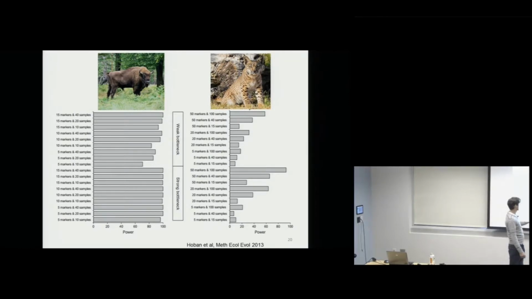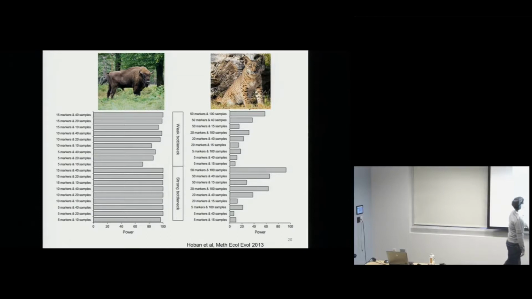On the other hand, for the lynx, we see that under the weak bottleneck, really none of these are sufficient. None of them exceed a power of about 0.6. A couple of these might be sufficient, but for the most part, with this goal of detecting the bottleneck, these sampling strategies would not be successful for the lynx.